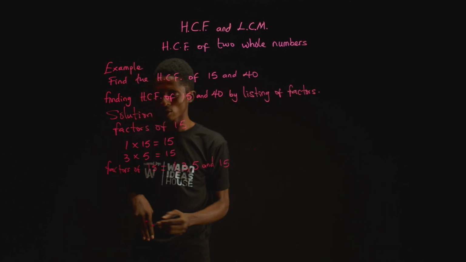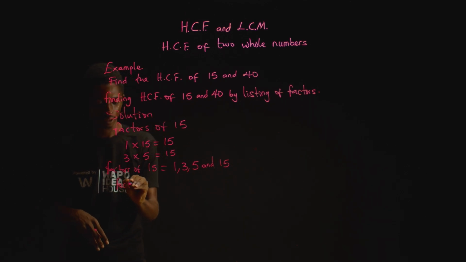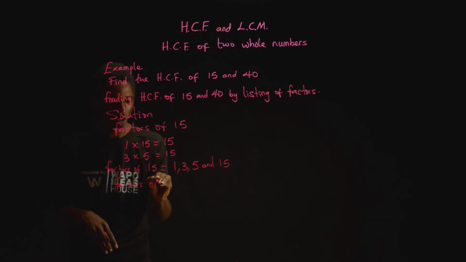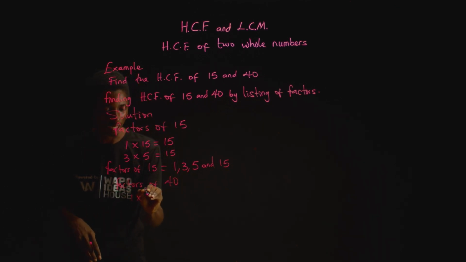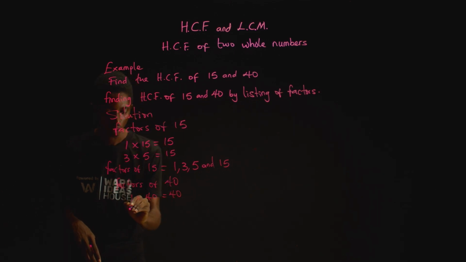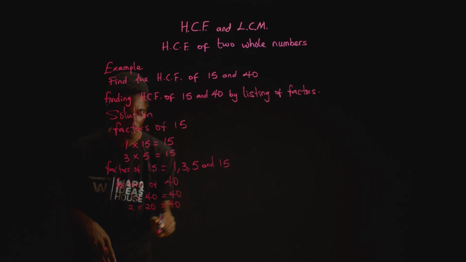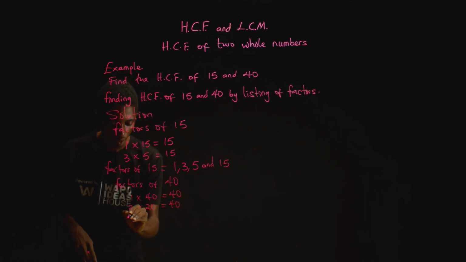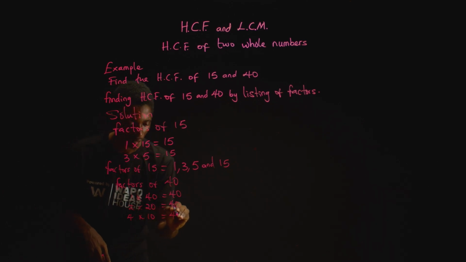Now apply the same thing to 40. Factors of 40, we get 1 times 40 would give you 40. 2 times 20 would give us 40. 4 times 10 would give us 40.